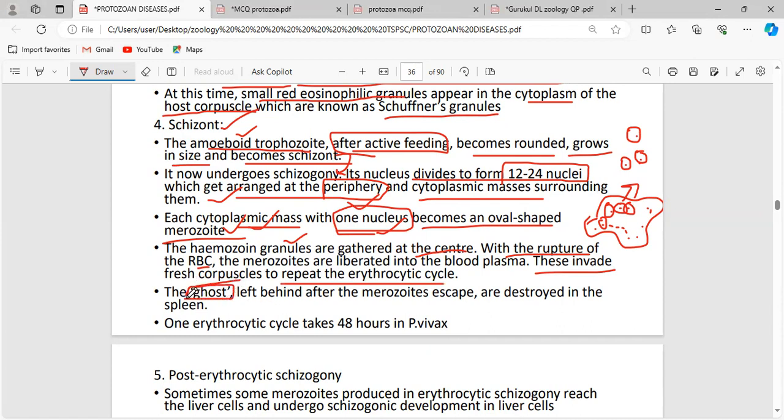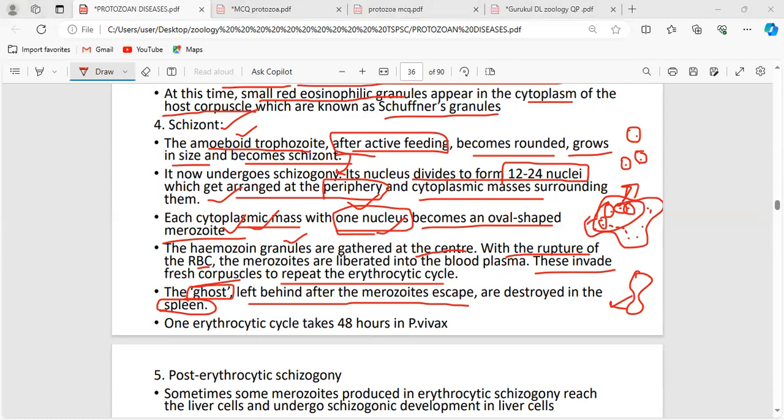Now, the ghost, which means what? The leftover part, left behind after the merozoites escape. After all these merozoites have escaped, this remaining part will enter into the spleen. Which organ is said to be the graveyard of RBC?